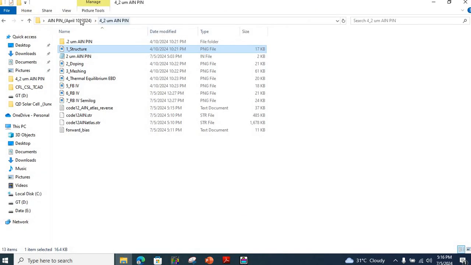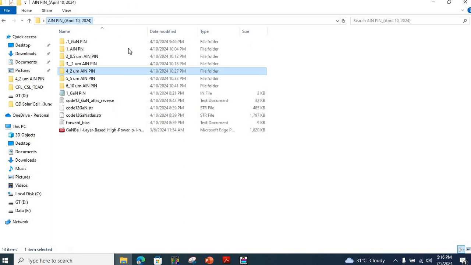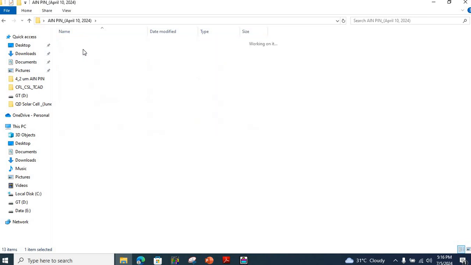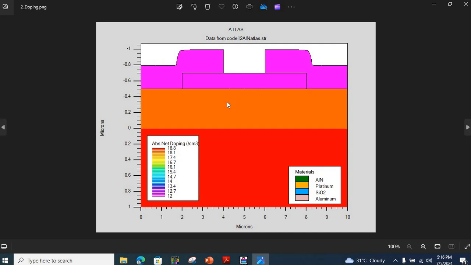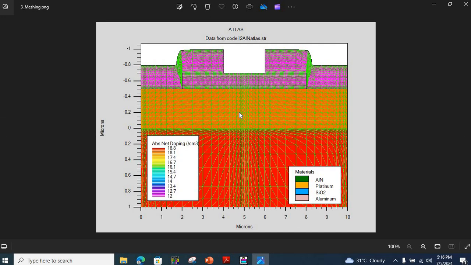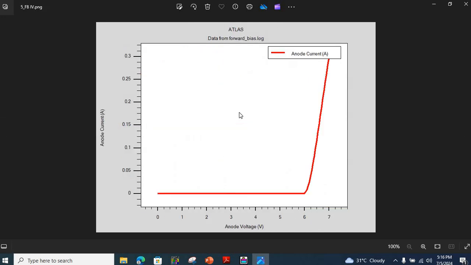Now I also told you that I'm going to show you the results for I layer thicknesses of 0.5, 1, 5 and 10 micrometers. I'm not going to simulate each and every one of them. Also, I've simulated an aluminum nitride homojunction PN diode structure. As you can see over here, the I layer thickness in this one is 0.